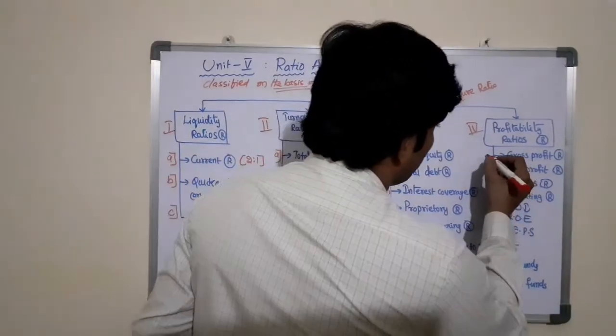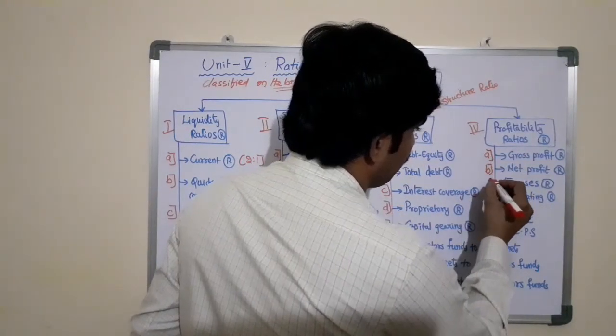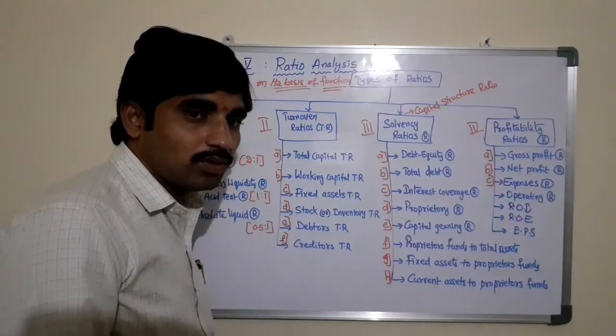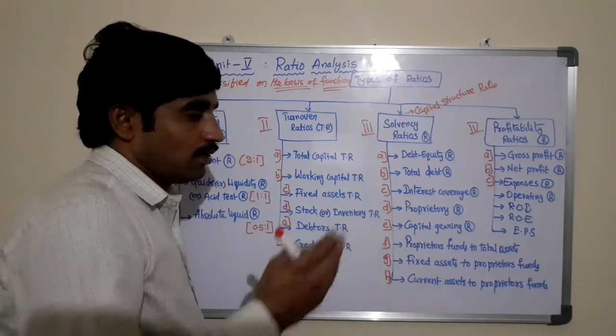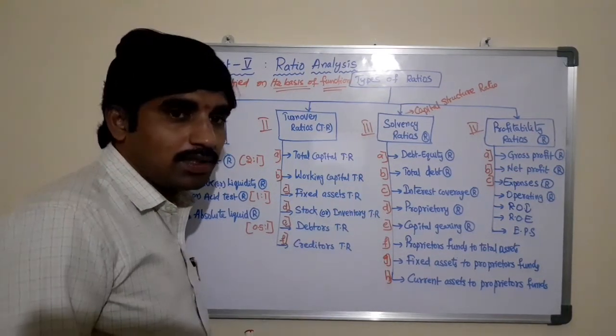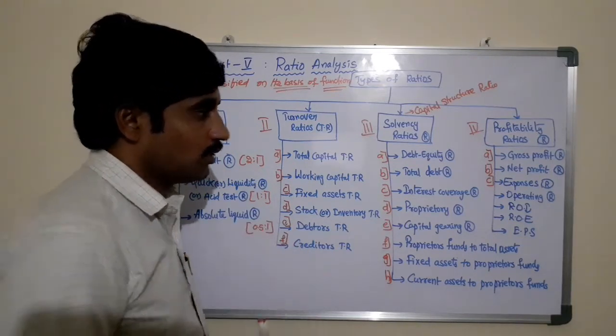Here the profitability ratios are gross profit ratio, net profit ratio, expenses ratio. Here the expenses ratios are again subclassified into two, that is selling and distribution expenses, office and administrative expenses, nothing but operating expenses ratios.